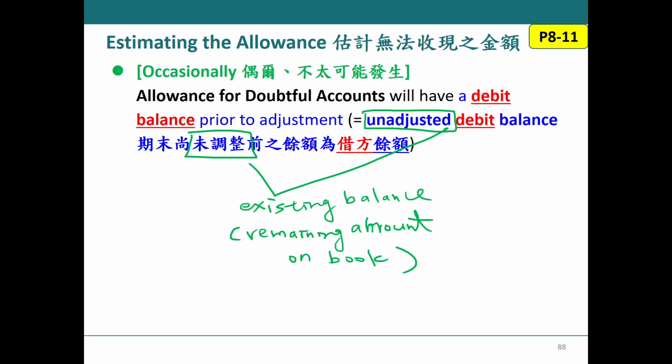So what if on your accounting books, before you do anything, you have a debit balance? But you should understand, a debit balance is your abnormal balance, 异常的.